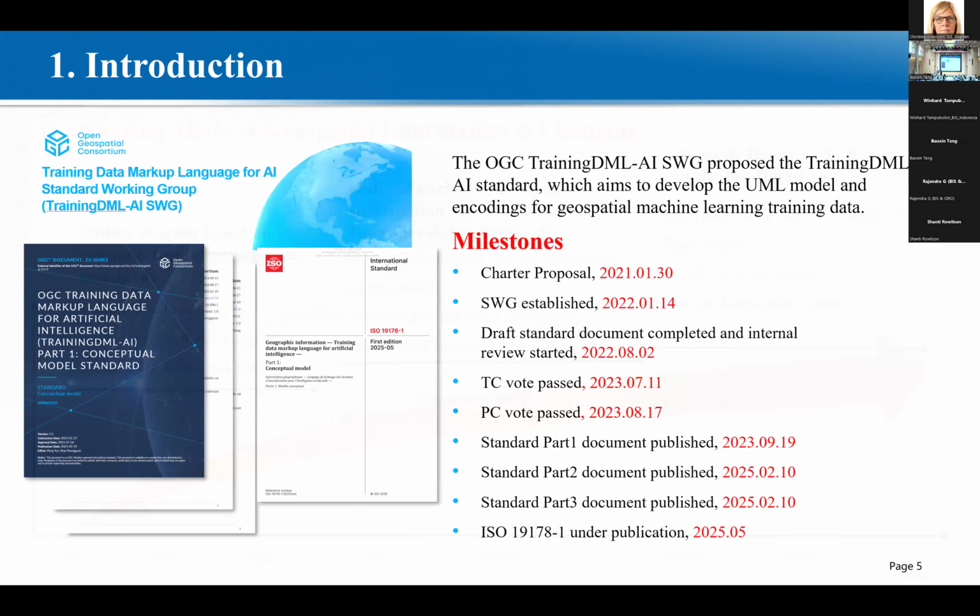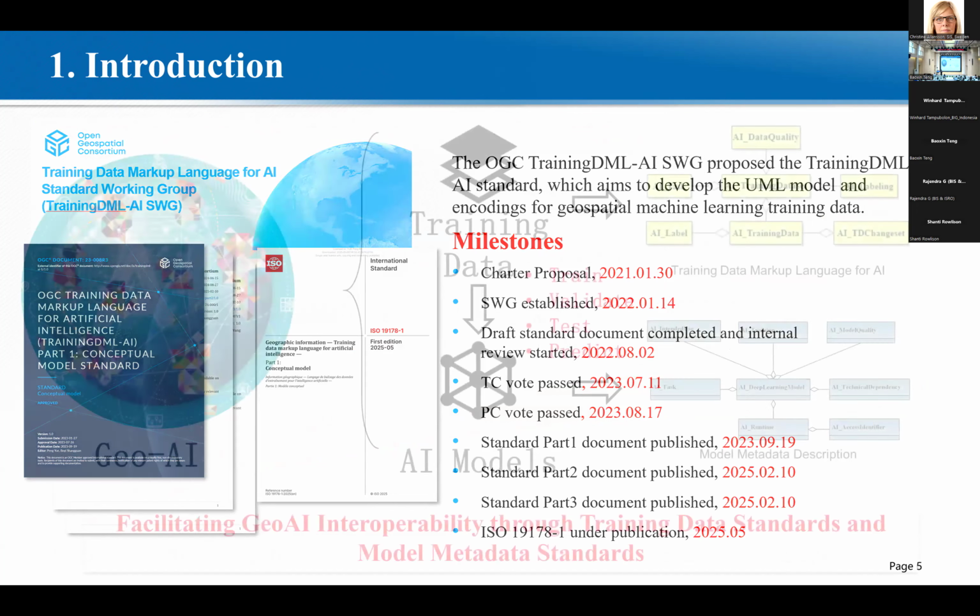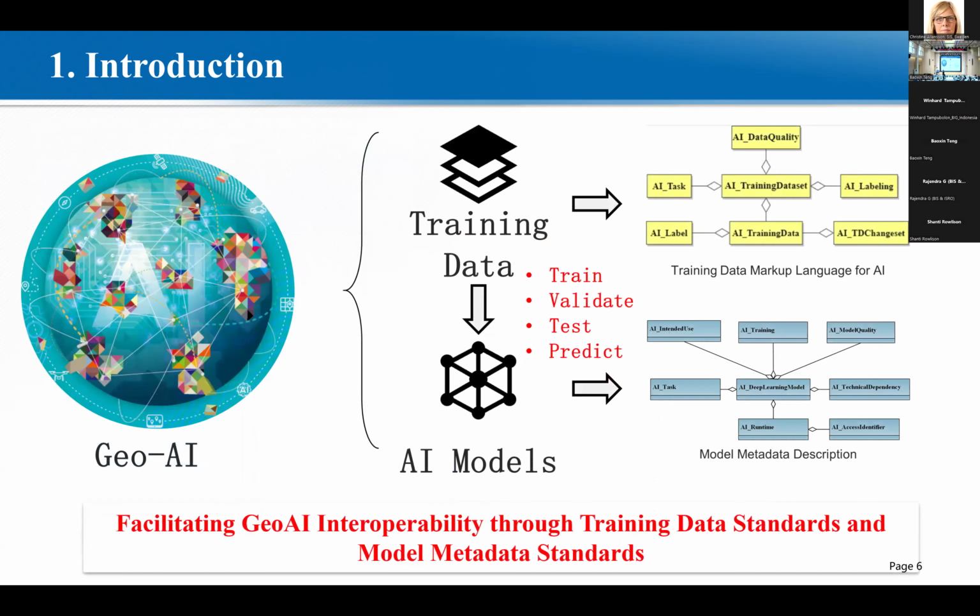In the past, we developed the Training Data Markup Language standard in OGC, and it is now under publication in ISO. As is well known, models are the downstream task of the data.